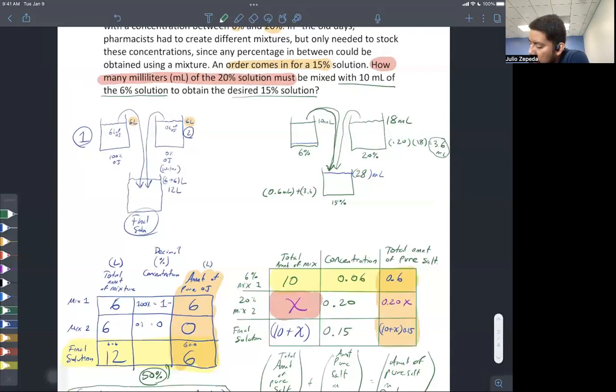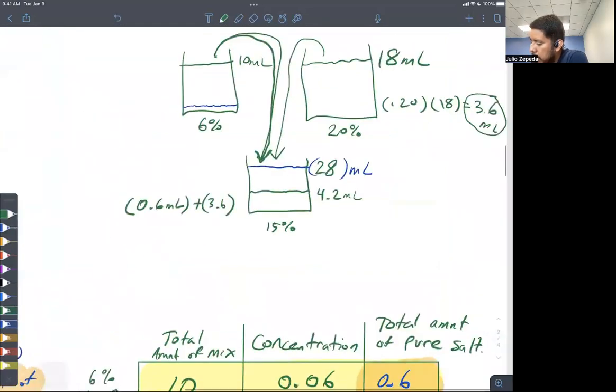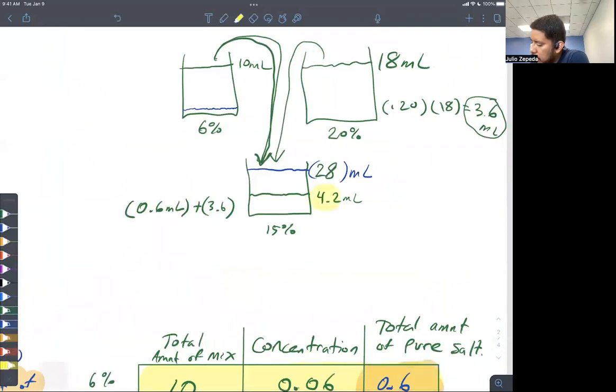And so if we add those two up, that gives us a total of 4.2 milliliters of pure salt inside of the 28 milliliters of mixture. And if we want to get the concentration, let's assume we don't know what it is.